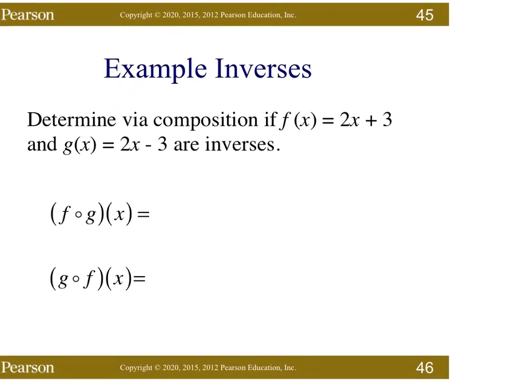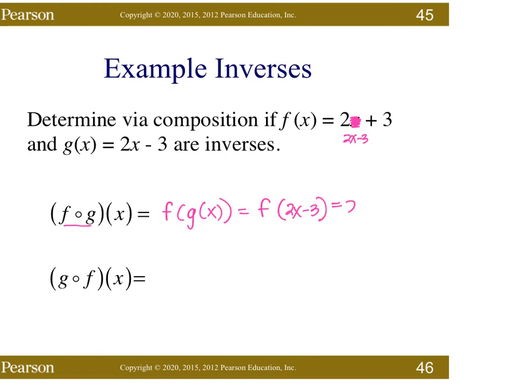So let's do the same thing with these two functions. 2x plus 3, 2x minus 3, are these inverses? So let's start with f of g of x, which is f of parentheses g of x, which is f of 2x minus 3. So I'm going to go to the f function, cross out x, and replace it with 2x minus 3.